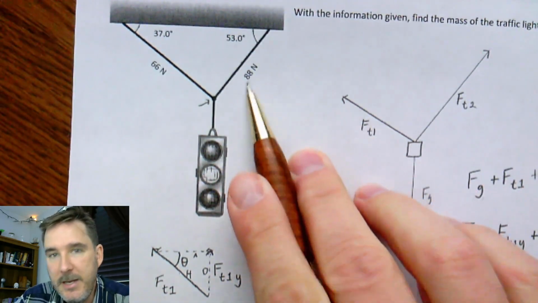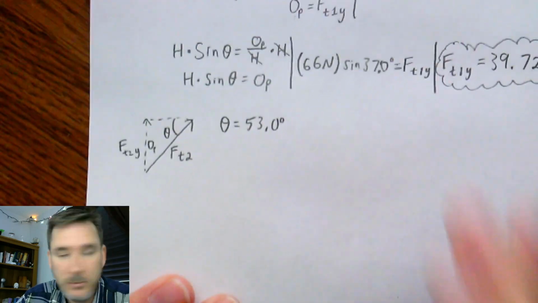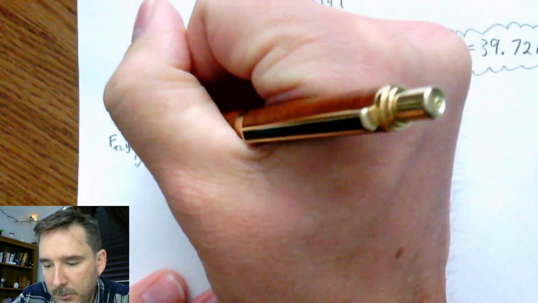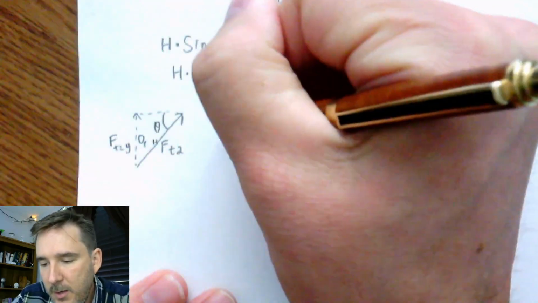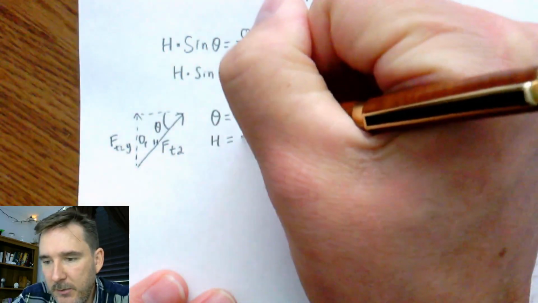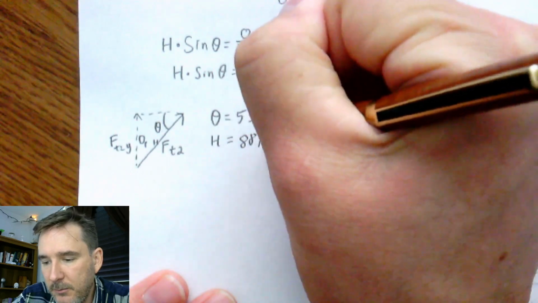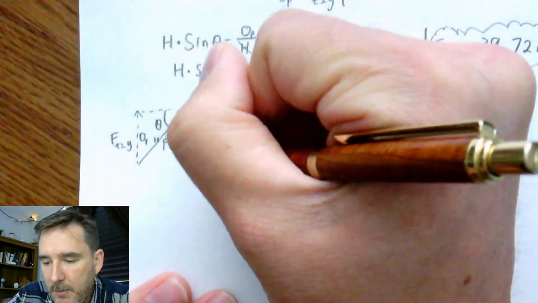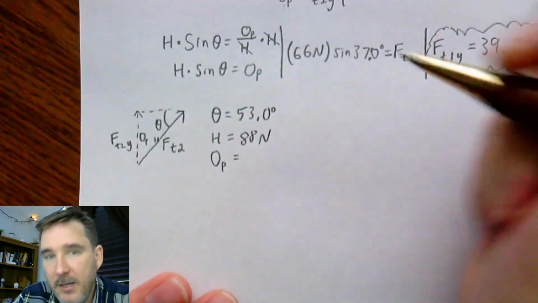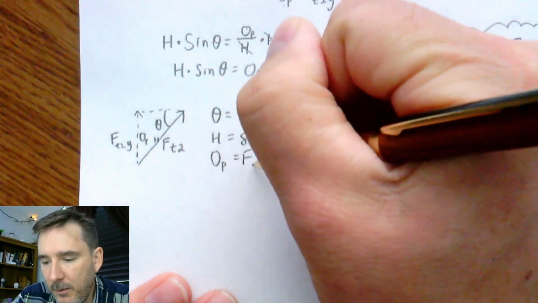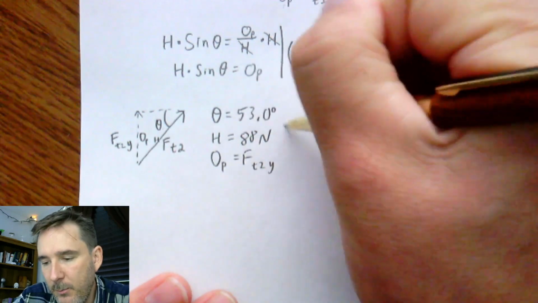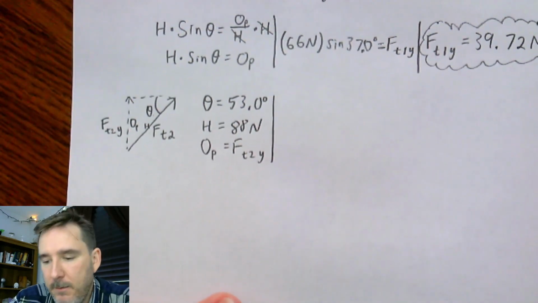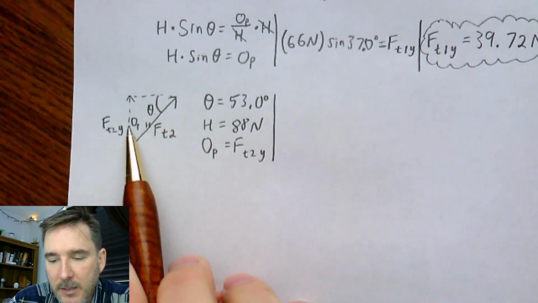I'm going to get this 88 in a second. So scooch the paper back up. And so my hypotenuse, which I didn't label right there, is 88 newtons. And my opposite side, the thing I'm trying to solve for, is the force of tension for the second wire in the y direction.